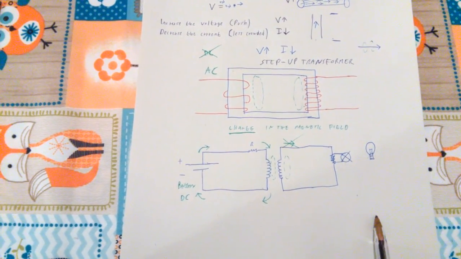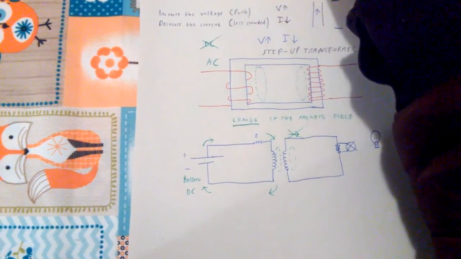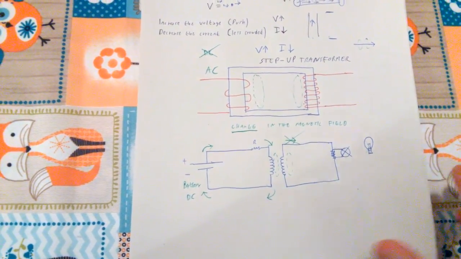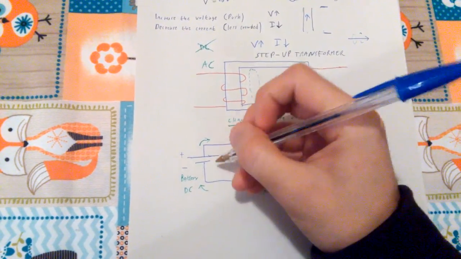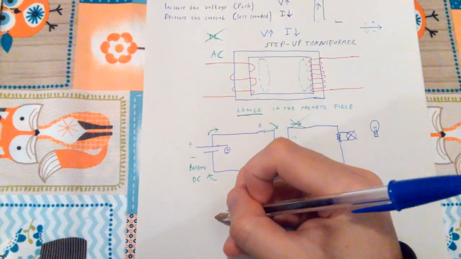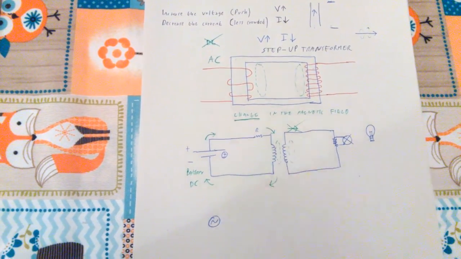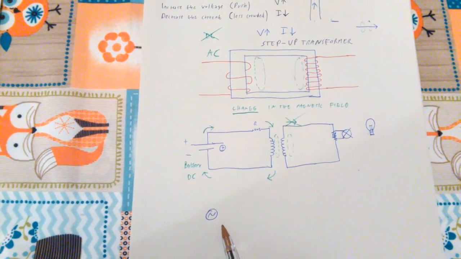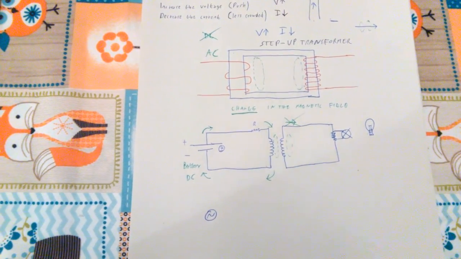Now, if I have AC though, and I'm gonna draw it so that you're gonna be familiar, this will be the same as this one. But in AC, I will have this one. So this stands for an AC, alternating current source or generator.